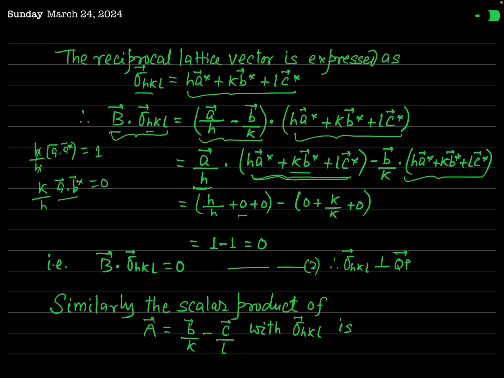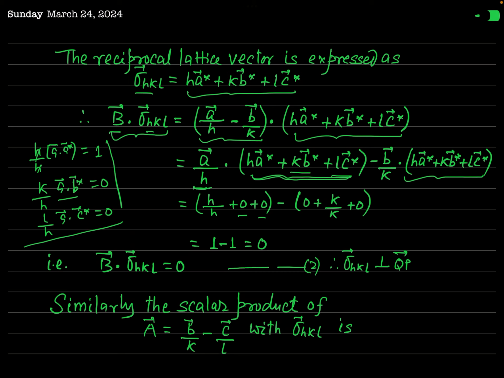Then we will take the scalar product of A by H with this LC*. So this will be L by H A dot C*. But again you know that this A dot C* is 0. So this term is also 0. I have written it here.